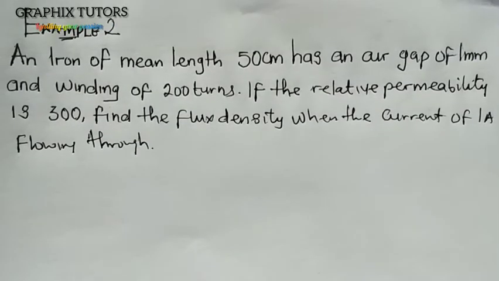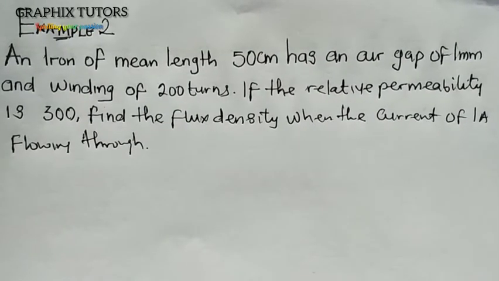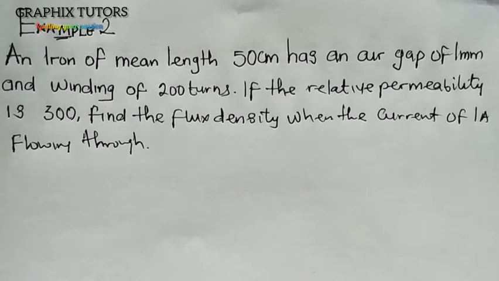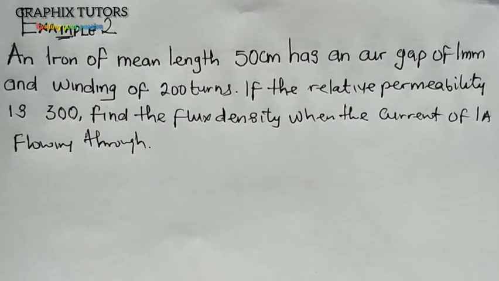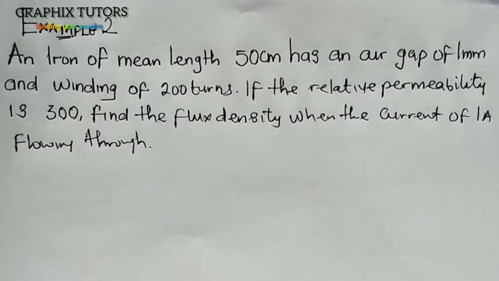Example 2. It says an iron ring of mean length 50 cm has an air gap of 1 mm and a winding of 200 turns. If the relative permeability is 300, find the flux density when a current of 1A is flowing through.